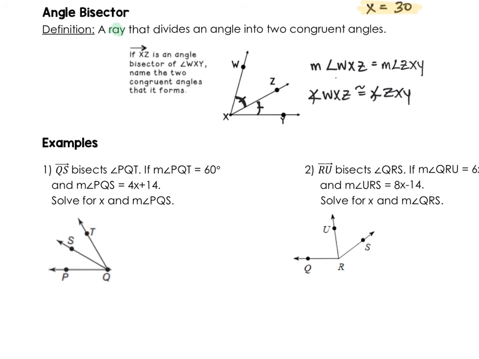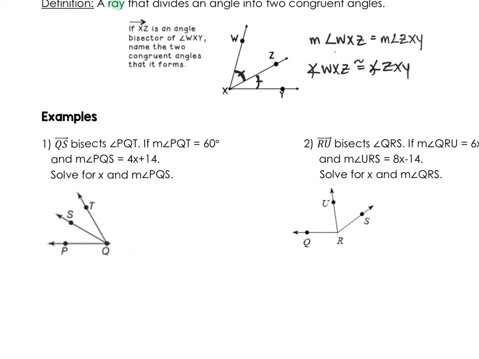So let's do an example down here for this one, and then I'll have you try the second one on your own. So we know that QS bisects angle PQT. So QS is bisecting this angle. The first thing I'm going to do is mark on my diagram that these angles are congruent.